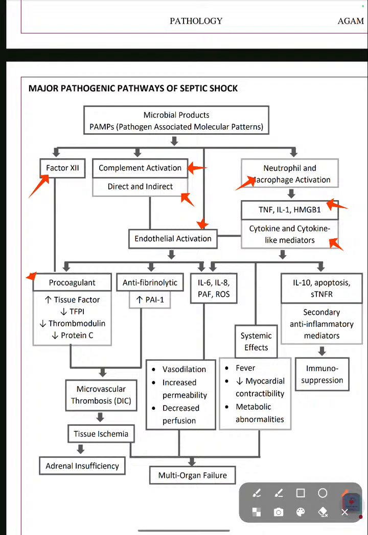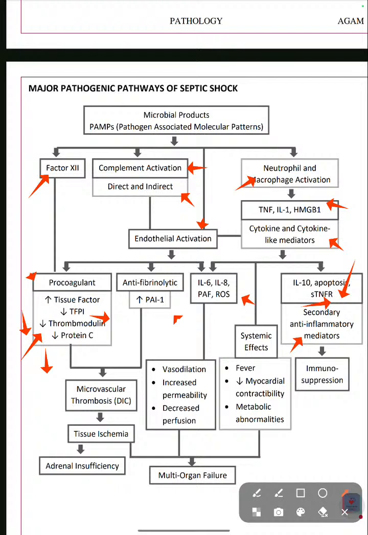The procoagulants are activated, because the tissue factor will increase, TFPI will decrease, thrombomodulin will decrease, protein C will decrease. Antifibrinolytic PAI-1 will activate, and interleukin 6, 8, PAF and reactive oxygen species, they all activate. Interleukin 10, apoptosis, and sTNFR will activate.